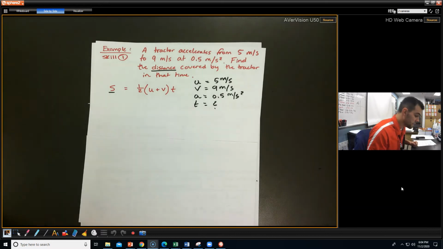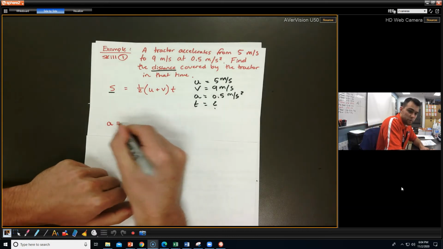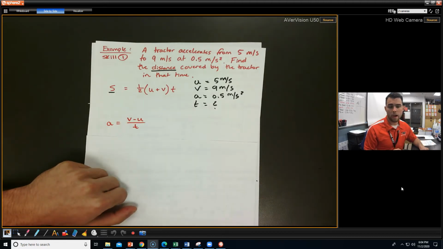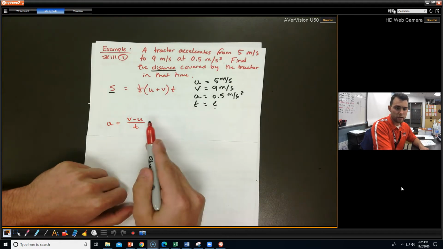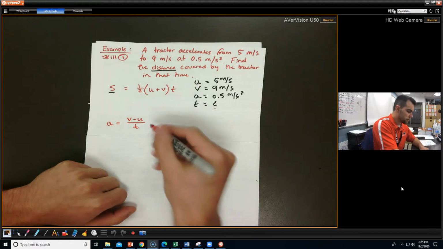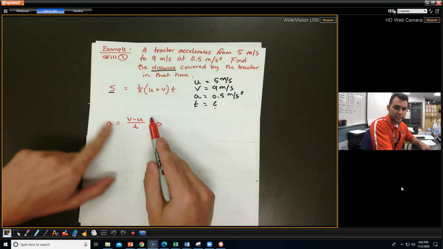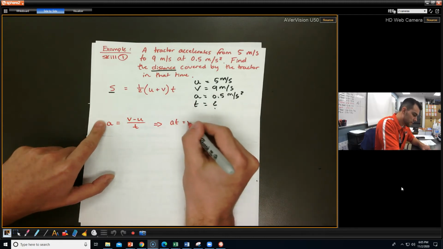We know that other equation, a equals (v minus u) divided by t. We could solve for t using that equation. We have an a, v, and u. So let's rearrange this equation as if we were solving for t. If I multiply t to both sides, I would get at equals v minus u.